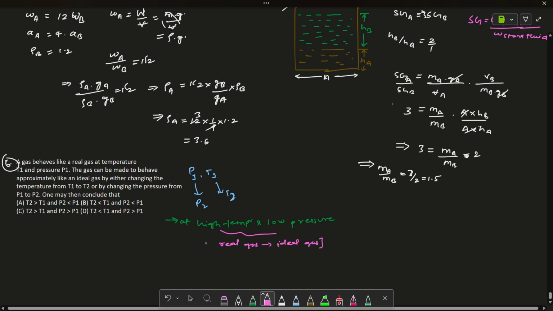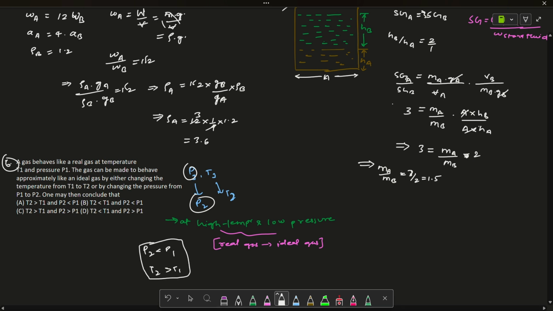So for any real gas to convert it into an ideal gas, the pressure should decrease, right? So P2 will be less than P1, and for T2, the higher temperature, that means T2 should be greater than T1. So when temperature increases and pressure decreases, a real gas can behave as an ideal gas, right? So this option will match and our answer will be correct.